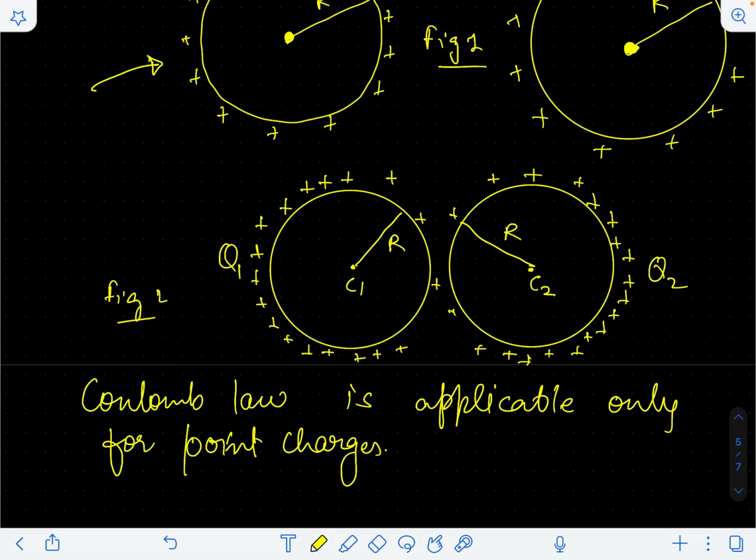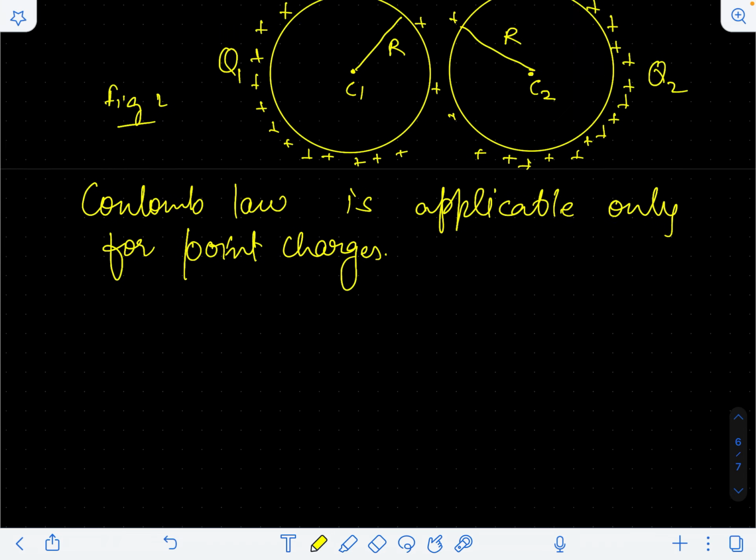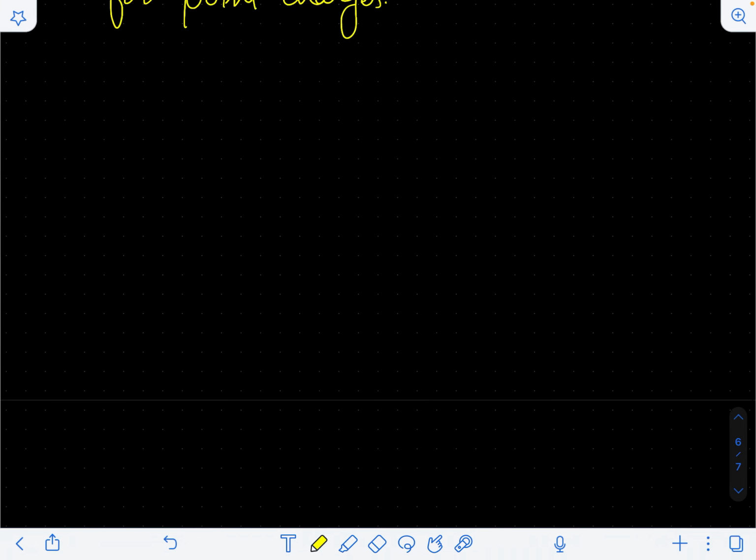So as these charges are unsymmetrical, we cannot apply Coulomb's law. Okay, keep in mind this situation. All right, let's move towards another example.